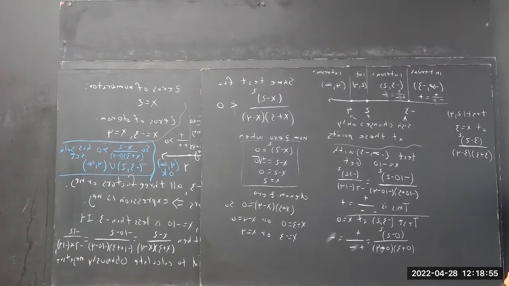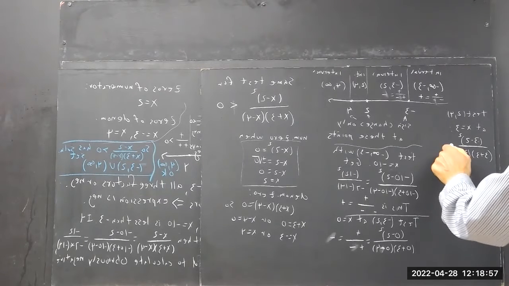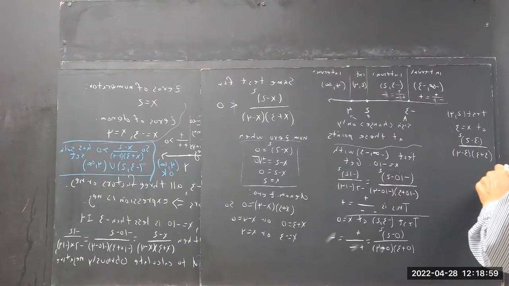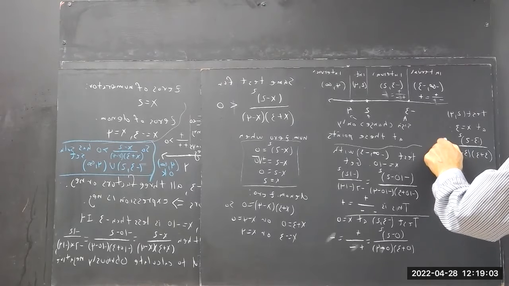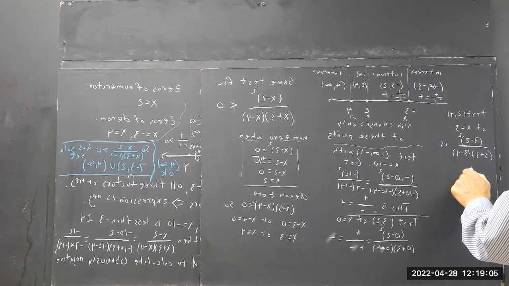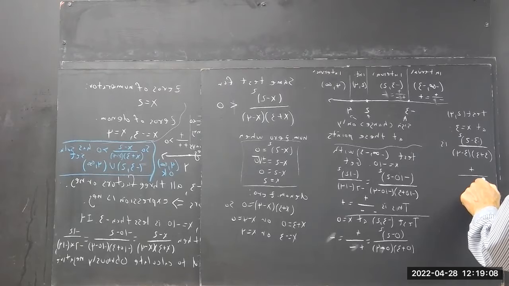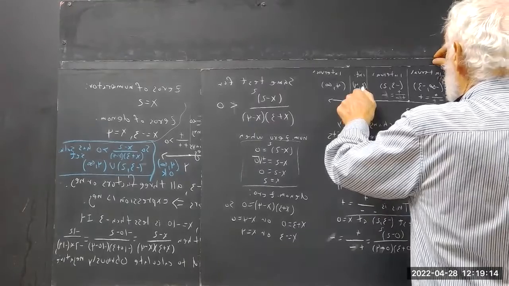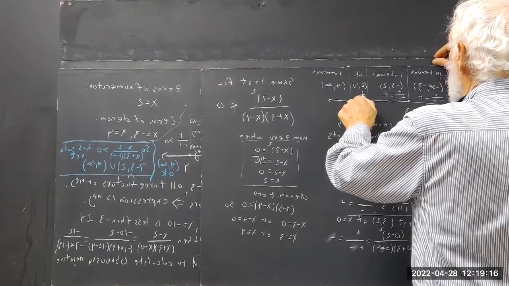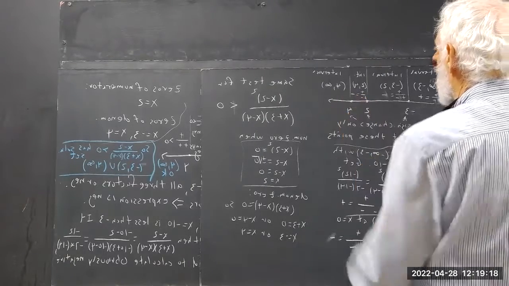Numerator again positive, over a positive times a negative. So in this interval, you get a positive over positive times negative, which is negative.